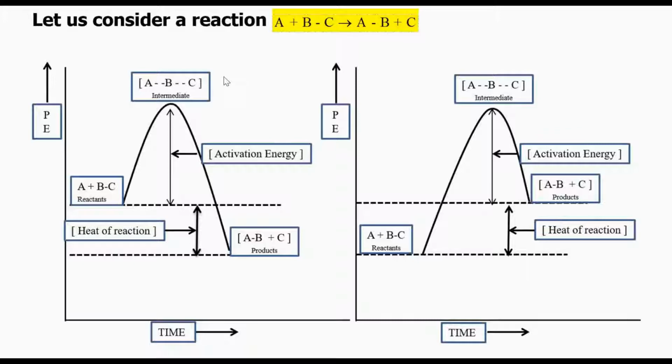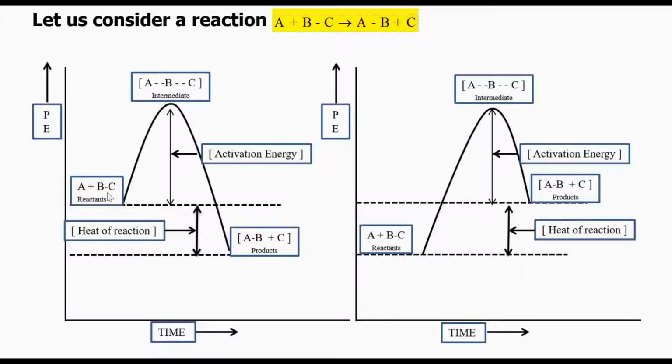It is called an activated complex. It has the highest energy. Here the bond breaking and bond making processes are going on. This will have the highest energy and therefore minimum stability.